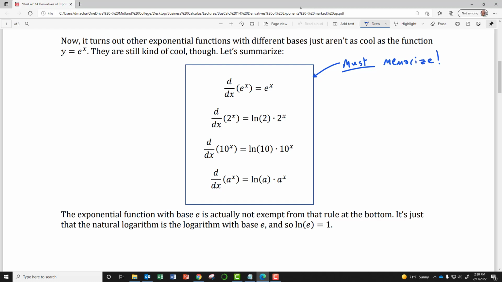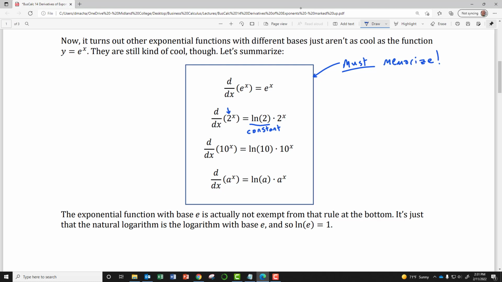If you were to take the derivative of the exponential function 2 to the power x, now it's actually natural log 2 times 2 to the power x. So notice this is just a constant. So in other words, we might say that the derivative of 2 to the power x is proportional to the output value, but it's not exactly equal to the output value.